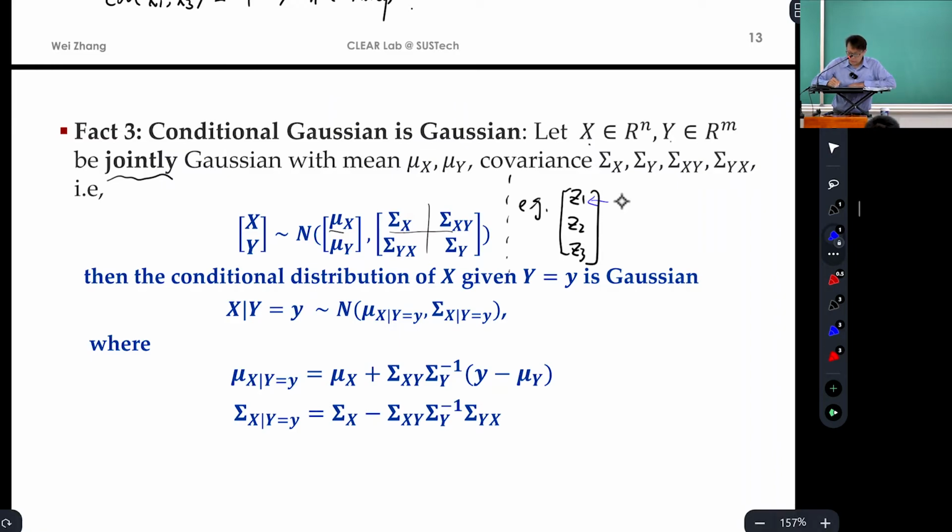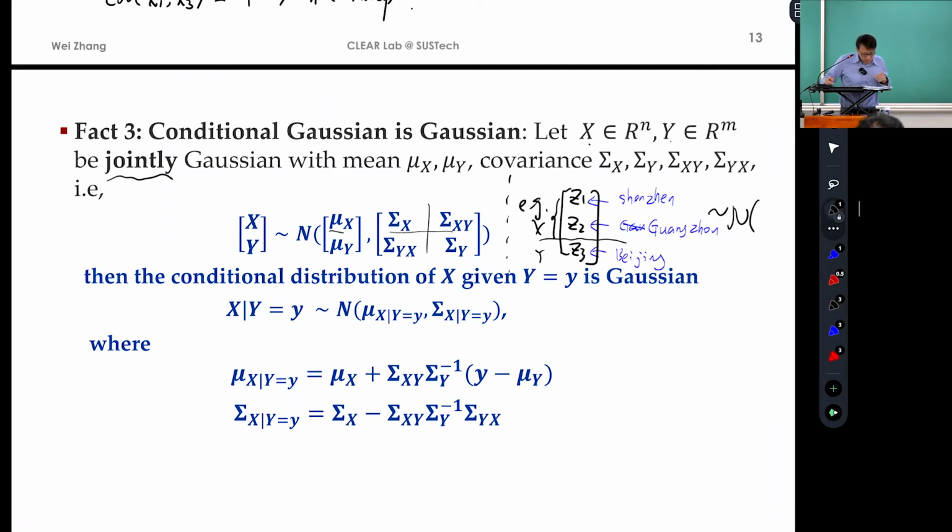This may have the meaning of Shenzhen temperature, this is Guangzhou, this is Beijing. I can partition in any way I want. I can say this is my X, this is my Y, that's fine. I can define this in different dimensions. Then in this case, X is in R2, Y is in R1, and they could be jointly Gaussian. You see what I mean?